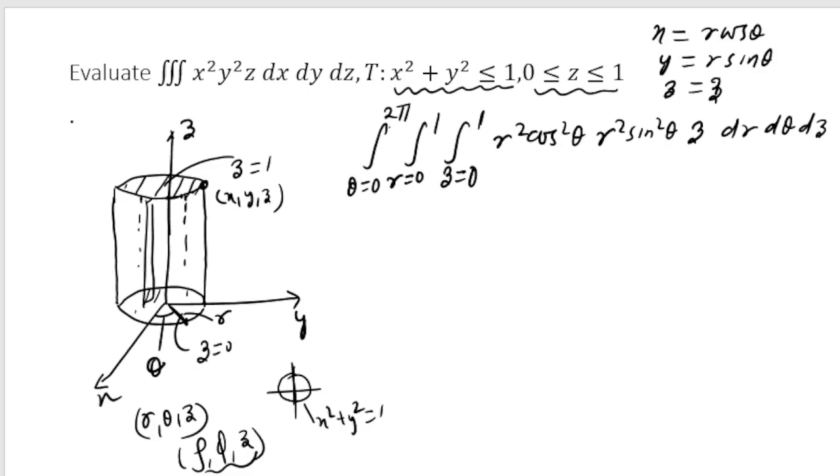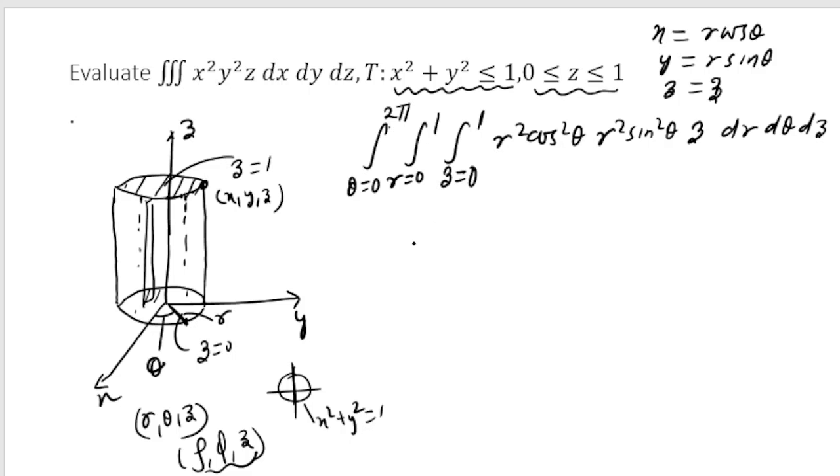Can you visualize how you will cover this cylinder? If you take a solid structure which starts at z is equal to 0, goes up to z is equal to 1, and then you move it from r is equal to 0 to 1, and then rotate it 360 degrees, you'll be able to cover the whole cylinder.